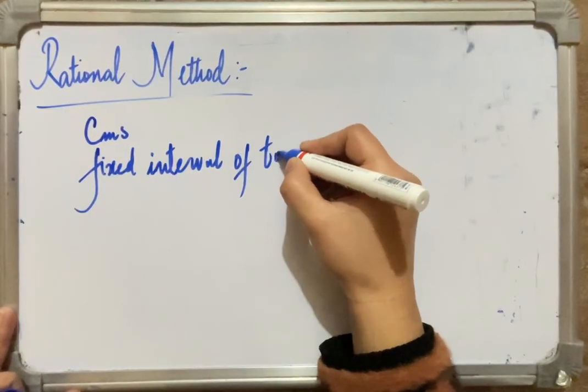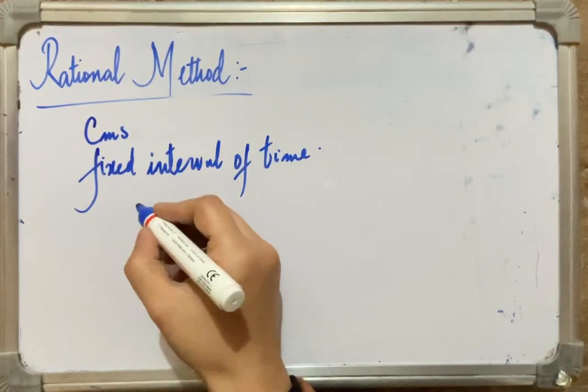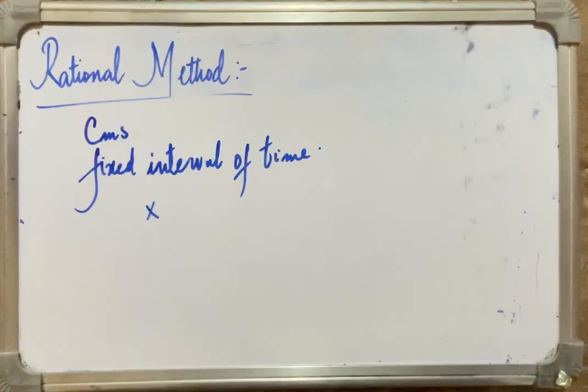But all the water which is coming down from the rainfall is not available for further use. Why?